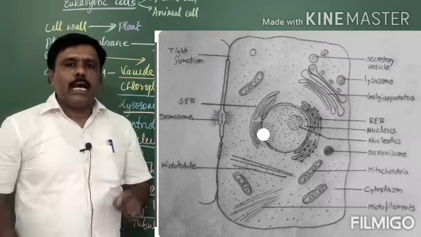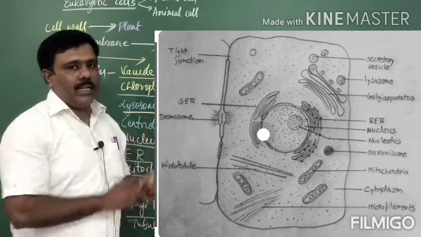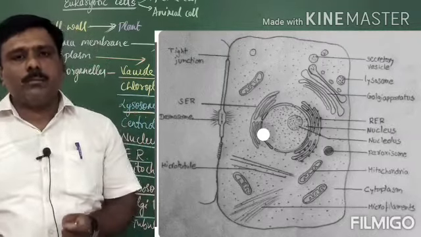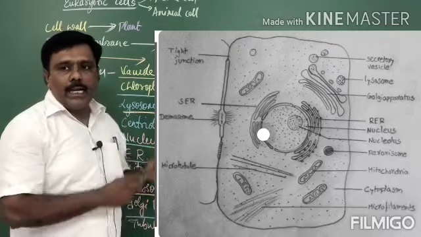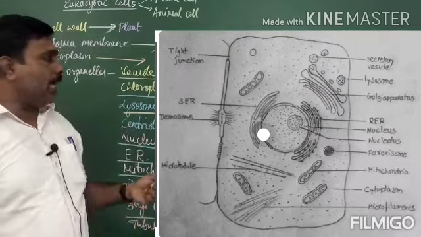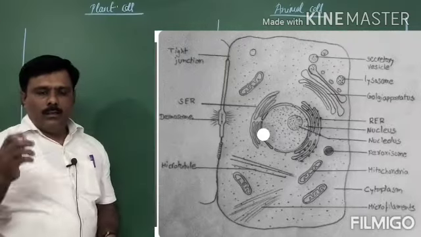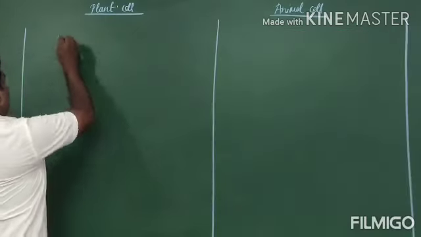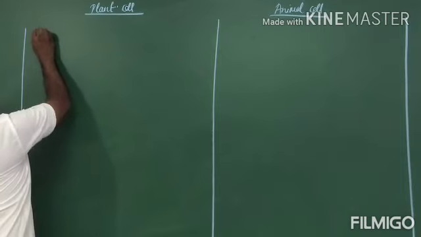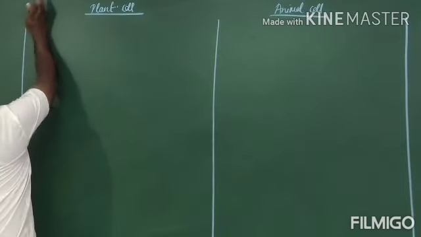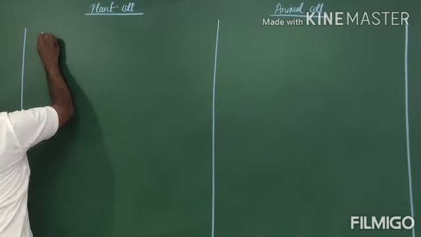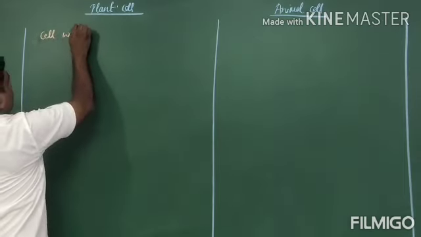Okay, so let's learn the differences between the plant and animal cell. In plant cells, the cell wall is present.